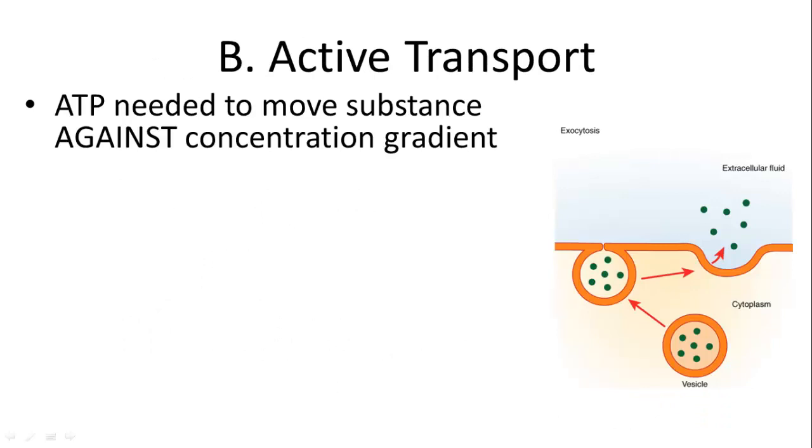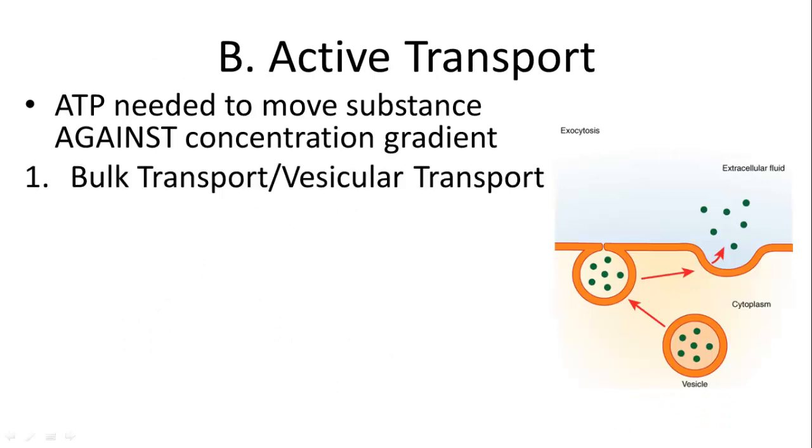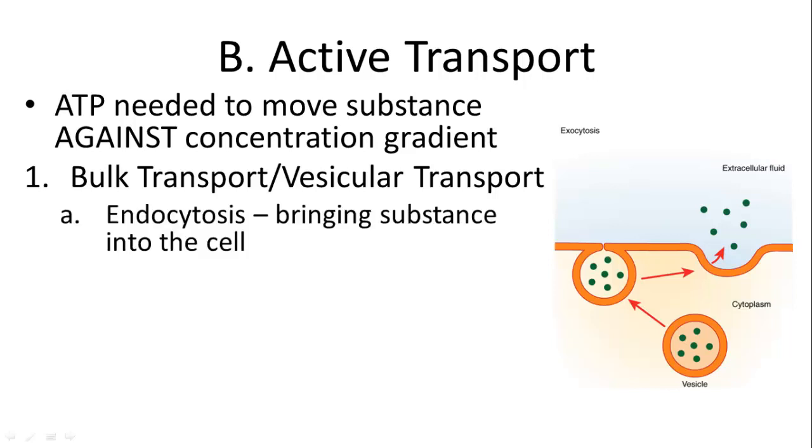All right, if things require ATP, then we have what's called active transport. There are different forms. You may be using a piece of the membrane. If that's occurring, then you have what's called bulk or vesicular transport, and there are different types of these. The first one's called endocytosis, where you're bringing something into the cell, okay?